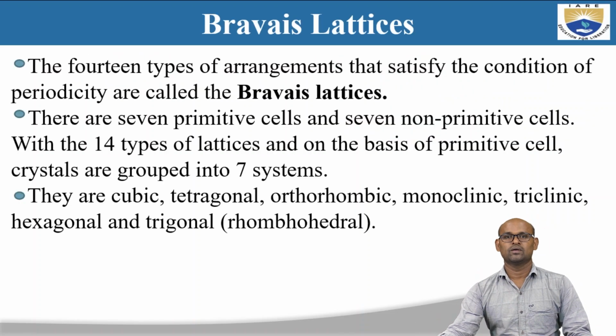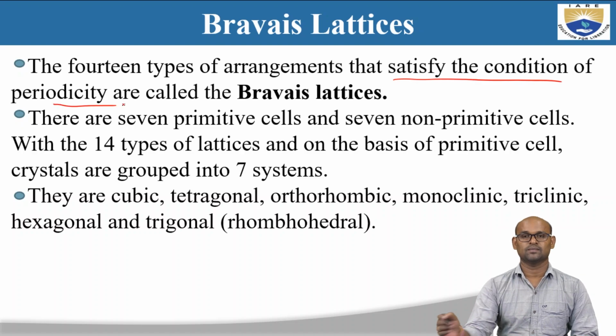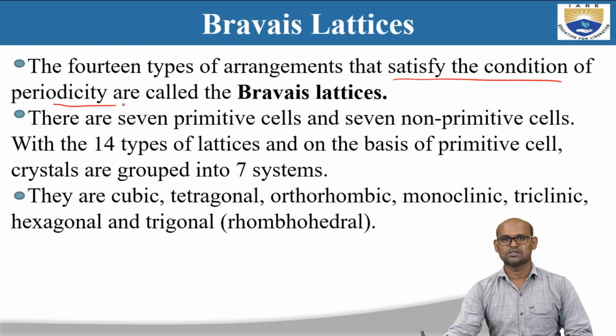Bravais showed that there are only 14 possible ways of arranging the atoms, and only these 14 types of arrangements satisfy the condition of periodicity. These 14 types of arrangements are called Bravais lattices.